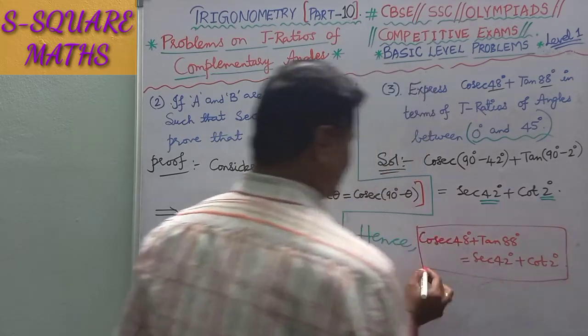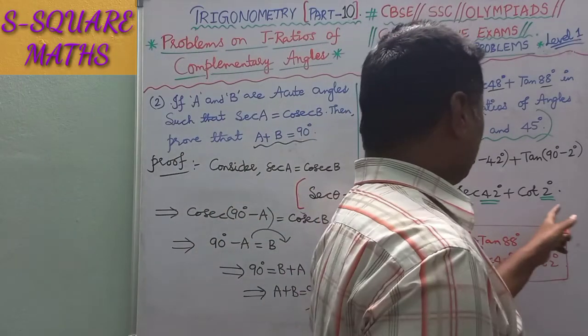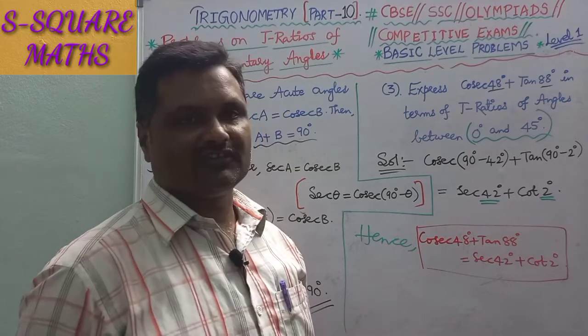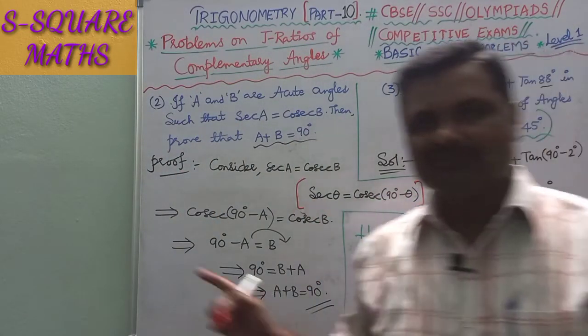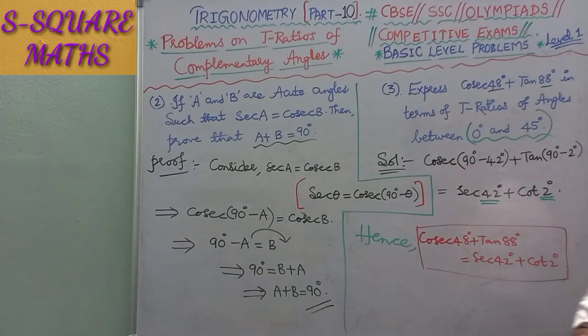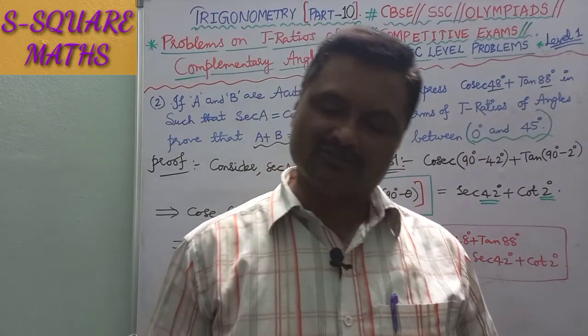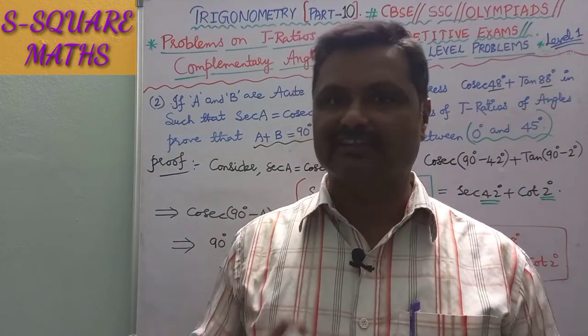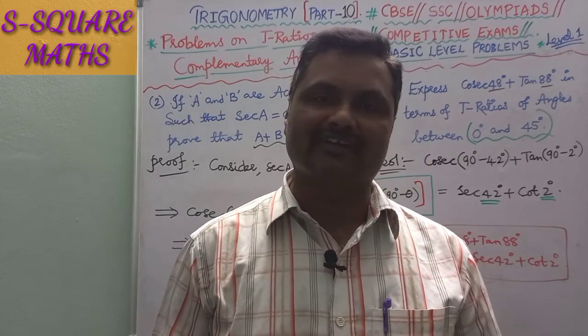So this is our conclusion for this problem. Okay. So 2 and 42 lie between 0 and 45 degrees. So second and third problem, once you have the look of these two problems. These are the basic level problems, part 1, 10th, level 1, trigonometric ratios of complementary angles.